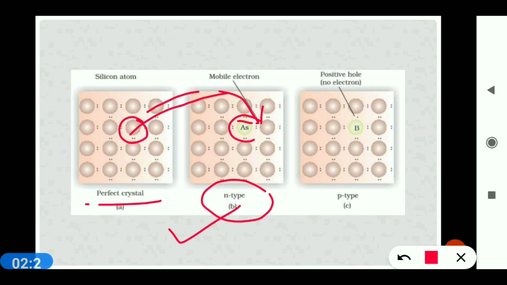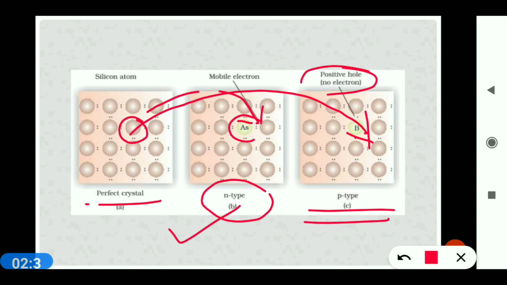And if the silicon gets replaced by group 13 boron, then it forms a positive hole. So this is known as the p-type semiconductor. So in this way, impurity can be doped to form n and p type semiconductors. I hope it is clear to all of you.